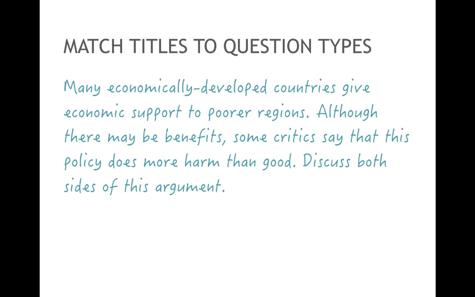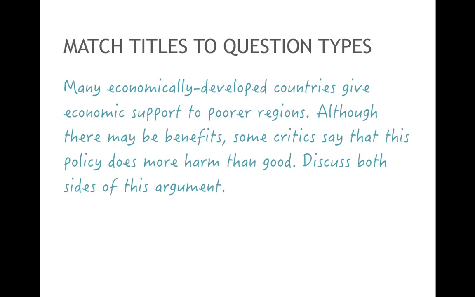Many economically developed countries give economic support to poorer regions. Although there may be benefits, some critics say that this policy does more harm than good. Discuss both sides of this argument. So, it's giving a claim statement first, saying that many economically developed countries give economic support to poorer regions.